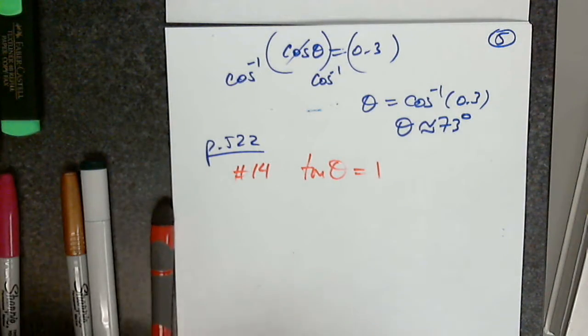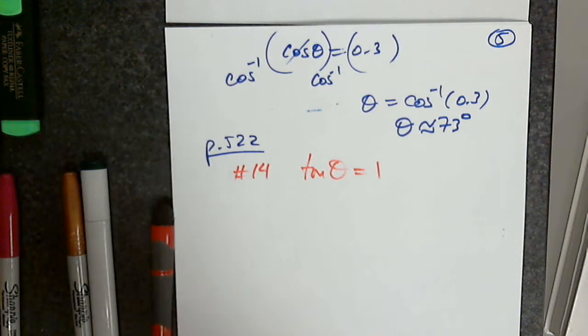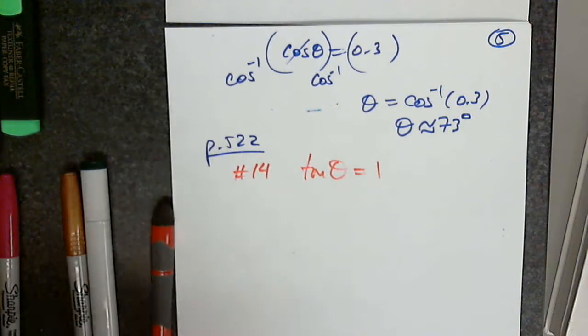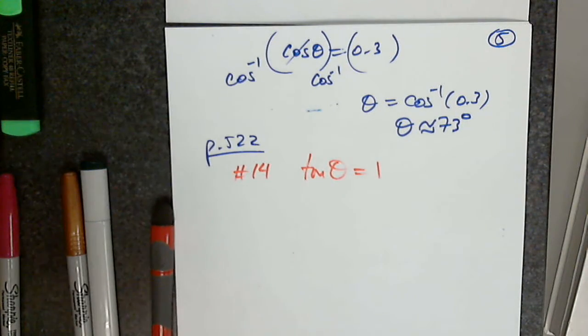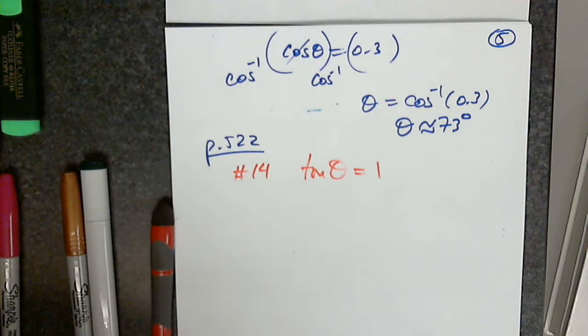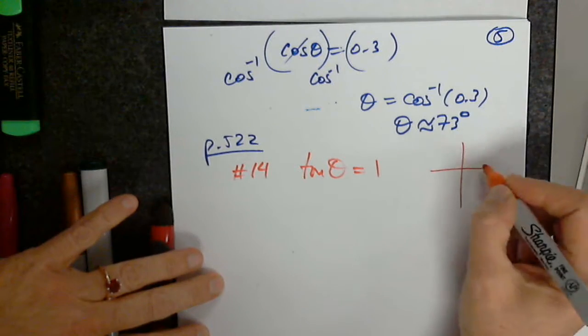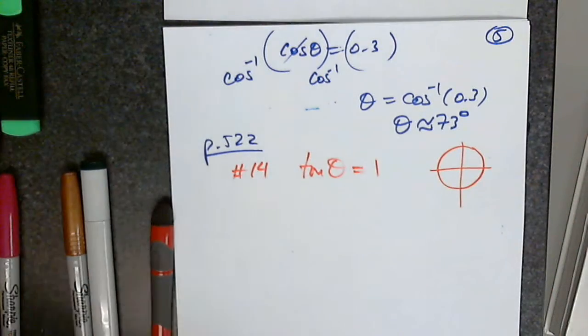Good. So I'm asked to solve the given equation, which means I have to present all possible solutions, not only between 0 and 2 pi. Good. So then I go to the unit circle. The next step, I'm asking myself, where is tangent positive?